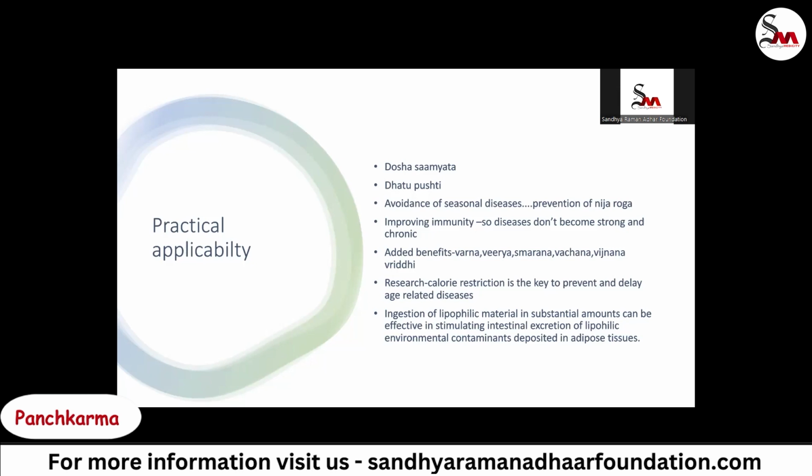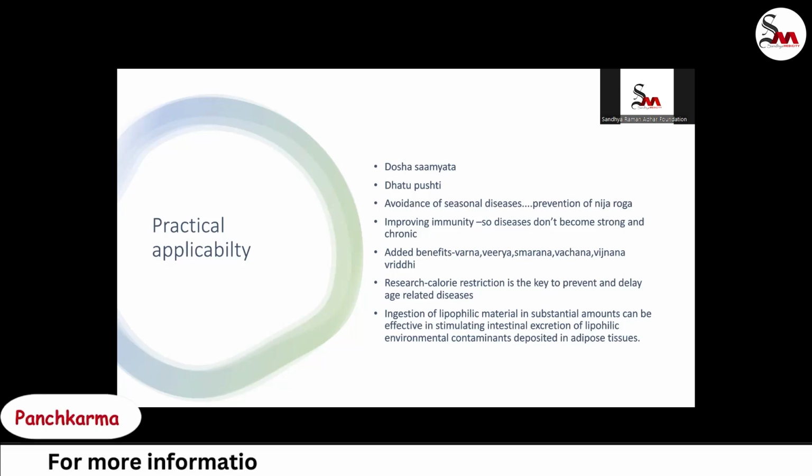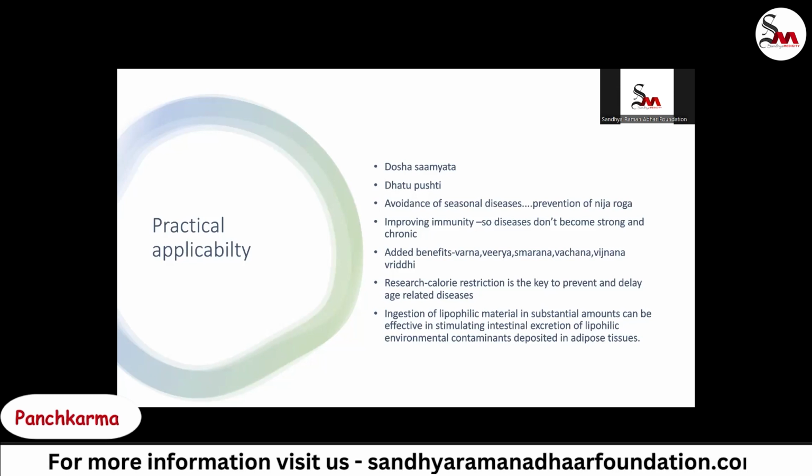There was one research article where they have seen that by doing calorie restriction, there will be improvement in age-related things. They could see that they could prevent and delay age-related diseases. So, when we do snehapana, we do calorie restriction, right?